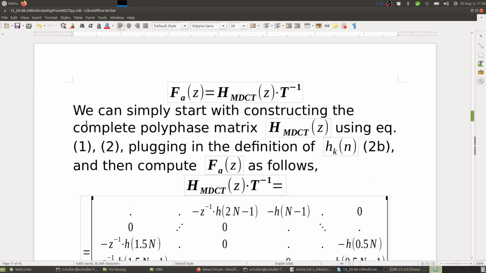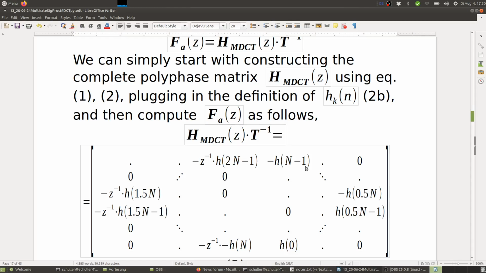Right? So we can simply start with constructing the complete polyphase matrix H MDCT using equations 1 and 2, the definition of the MDCT, plugging in the definitions of h_k of n, number 2b, and then compute Fa as follows.